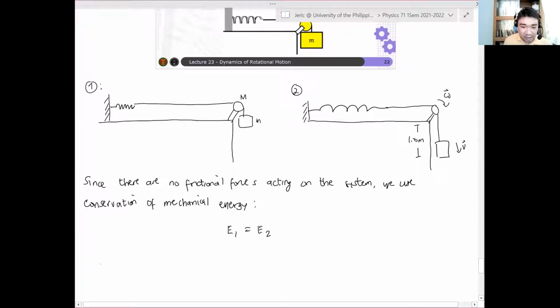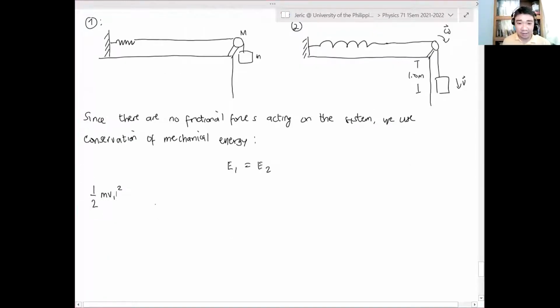So we have the translational kinetic energy of the box plus the rotational kinetic energy of the pulley initially, plus the initial gravitational potential energy of the system, plus the elastic potential energy of the spring, is equal to their final counterpart.